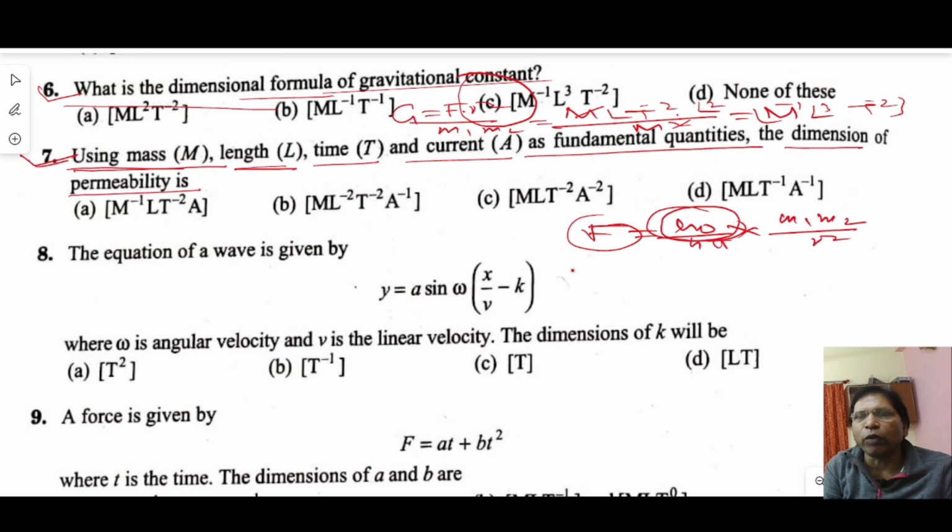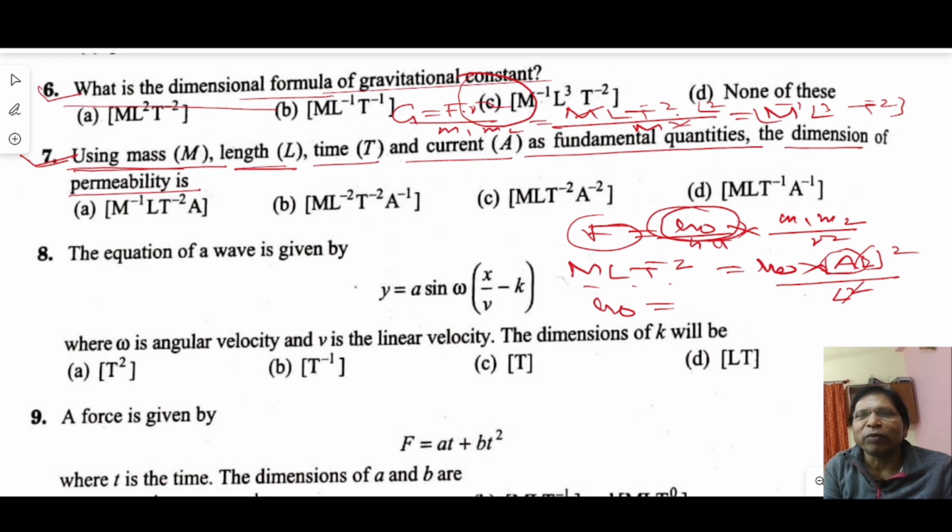Now here dimension of force is MLT^-2 equal to mu naught m1 m2 by r^2. Now m1 means AL, m2 also AL, so this is A^2L^2 and r^2 is L^2. Now look at this, L^2 and L^2 cancel out.